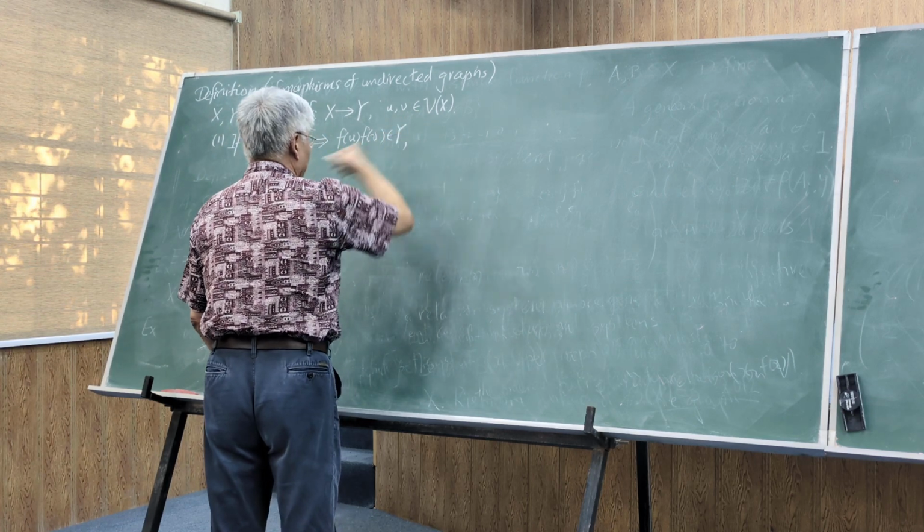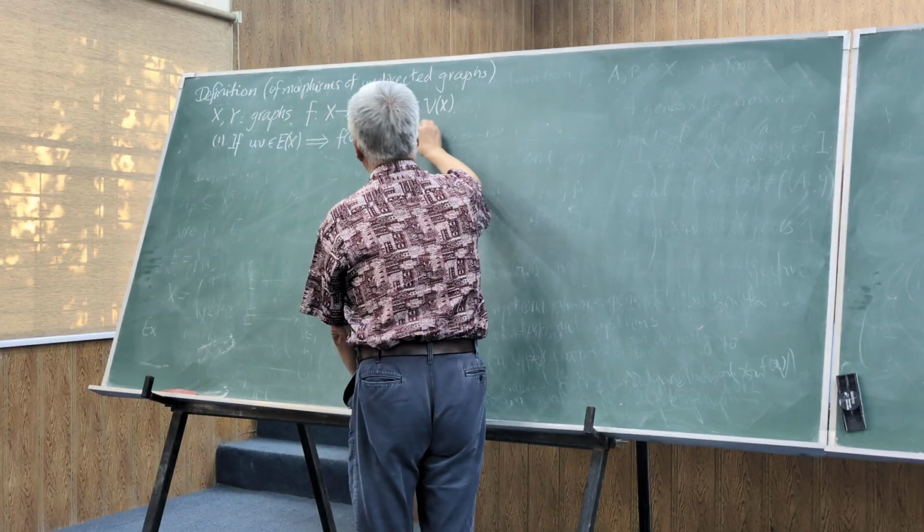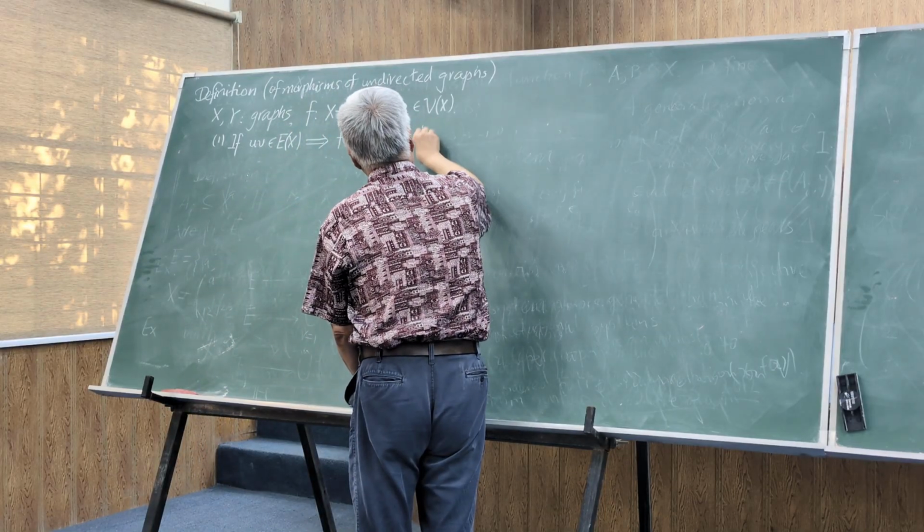You have to see the differences here. There's another line which is slightly different from this one. Then we call f a quasi-homomorphism.